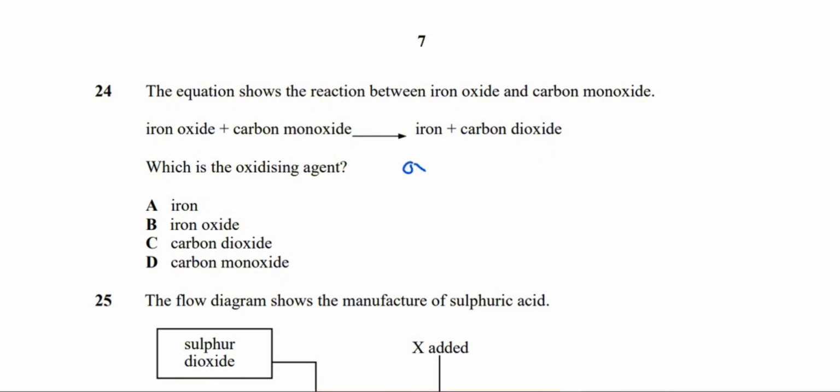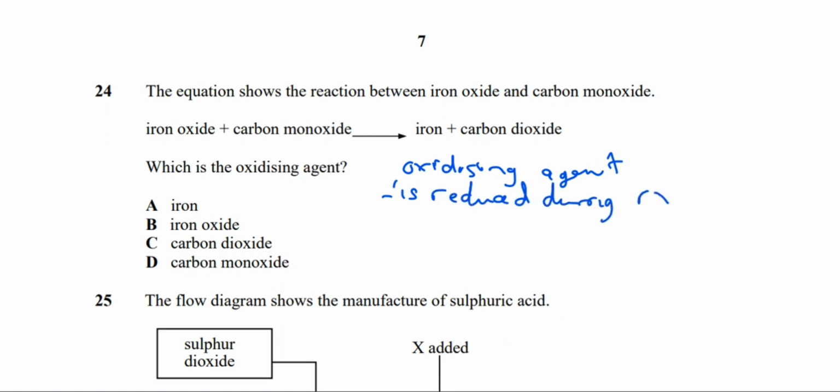We know that the oxidizing agent is the one which is reduced during the reaction. For reduction to take place, there is either gain of hydrogen or loss of oxygen. You can see that we have iron oxide, but in the product, it has lost the oxygen.